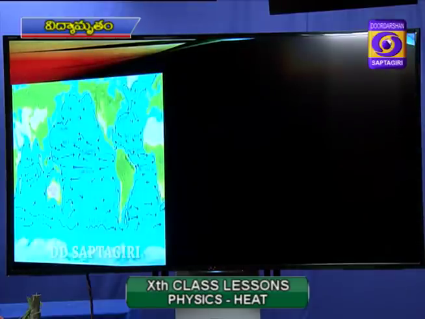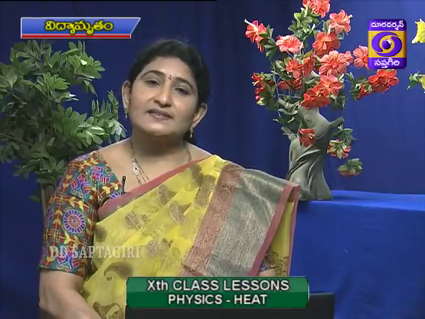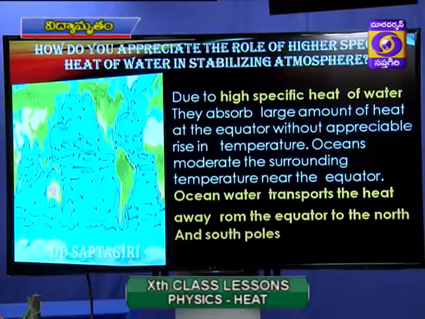Now let us see, how do you appreciate the role of higher specific heat in stabilizing the atmosphere? This is the AS6 question, and this is a very important question also. Here also you have to identify the property of the high specific heat of water.